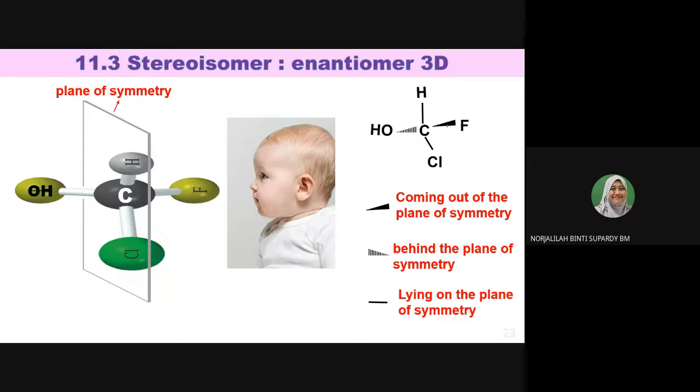Then the wedge is the atom or group of atoms coming out of the plane, in front of the plane, so your eye view is here, and we see that this fluorine atom is in front. The hydroxyl group is at the back, behind the plane of symmetry, so you draw it with a dash.